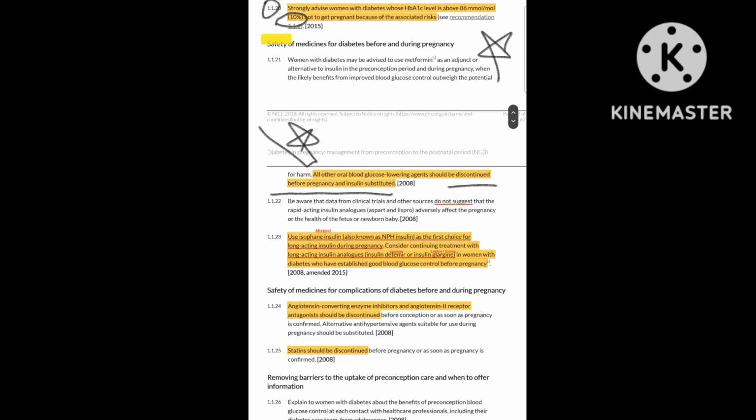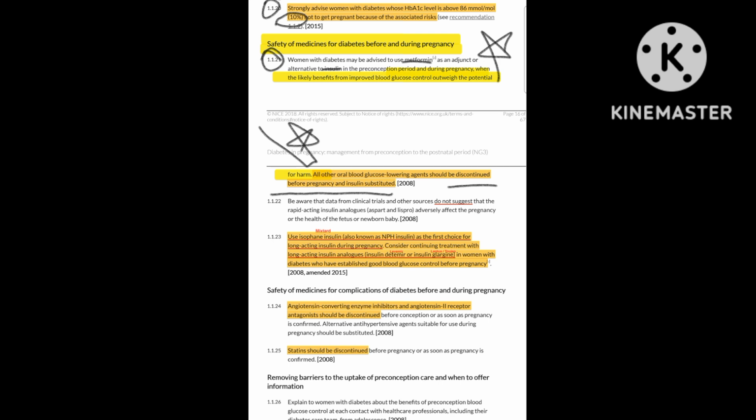Let's read about the safety of medicines for diabetes before and during pregnancy. Women with diabetes may be advised to use metformin as an adjunct or alternative to insulin in the preconception period and during pregnancy when the likely benefits from improved blood glucose control outweigh the potential for harm.